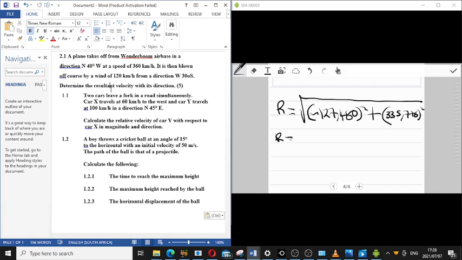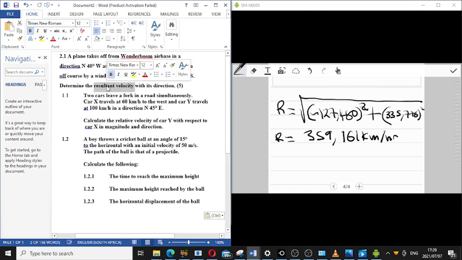If we calculate this, 127.480 squared plus 335.776 squared, we get the result 359.161 kilometers per hour. So that's the resultant velocity.